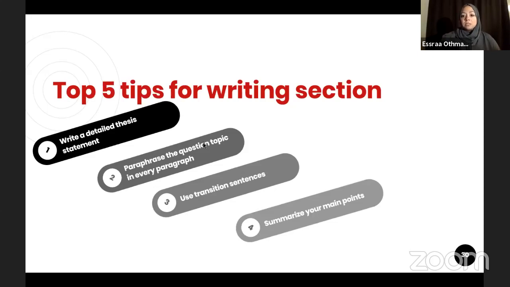It's very important that you summarize your main points, except for Task 1 in the Academic module, where you are not required to do that because you are simply analyzing data from a graph or a table given to you. And at the end, you have to give yourself at least 8 to 10 minutes total for both Task 1 and Task 2 to go through them and revise them properly.